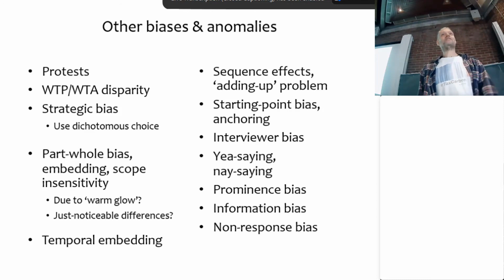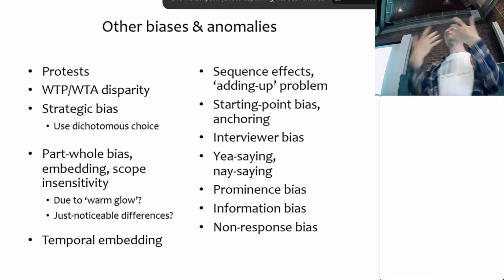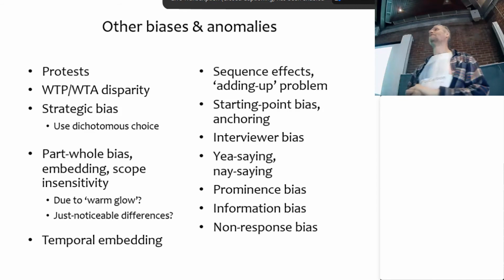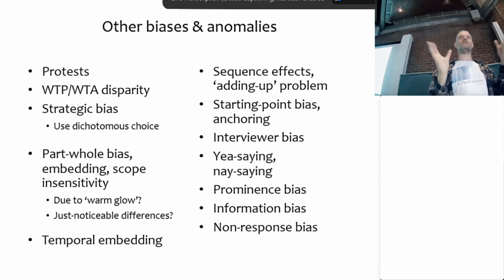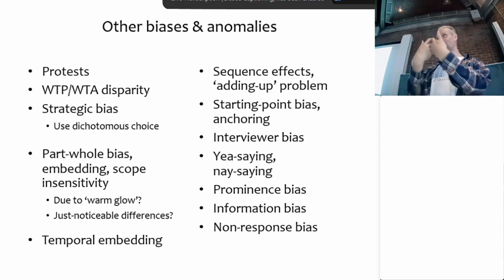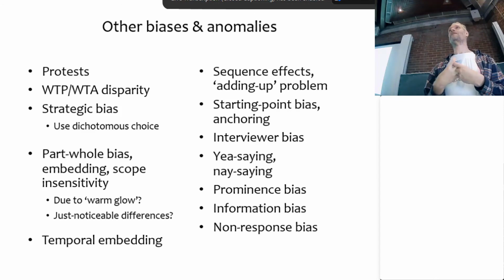Prominence bias and information bias are also important. You walk up to somebody and you ask them about antibiotics in milk. They have never thought about this before, right? So immediately, by telling them that this is a problem, the people you asked know more about this, your sample is better informed than the general population.